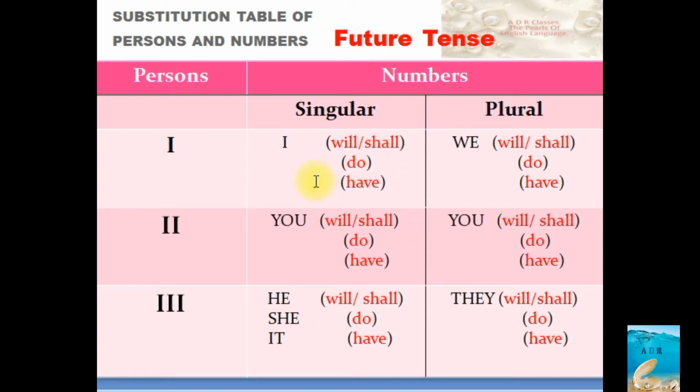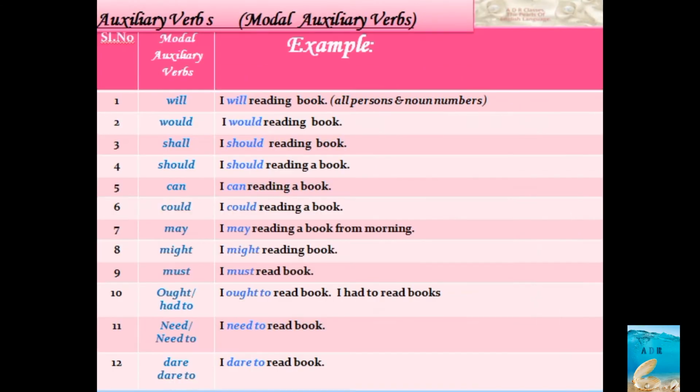To make things easier, I have taken one example with each of the auxiliaries. The subject and object are the same, but I have changed the auxiliaries, so that you realize that when the auxiliaries are changed, the overall meaning can also change.